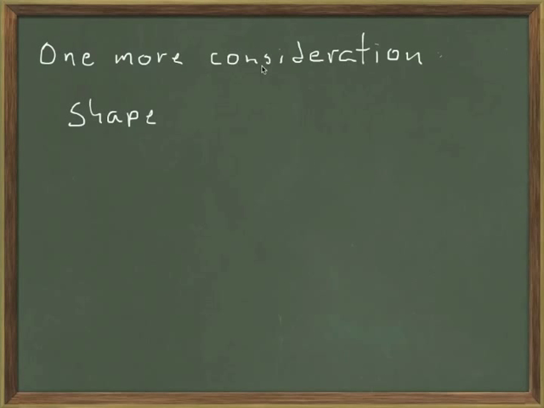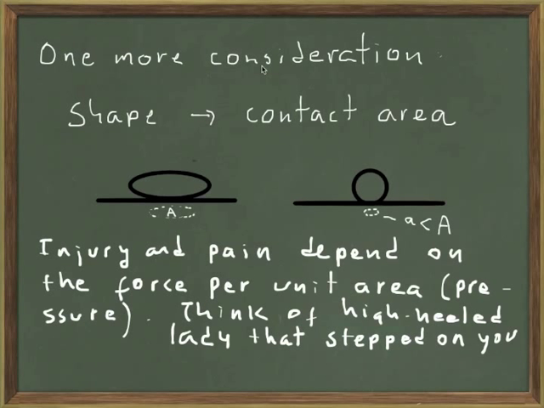The shape of the ball, in terms of how much force and how much pain it inflicts, right? The shape is obviously important. If I make a ball with spikes, that obviously hurts more than a ball without the spikes, just in the same way that a high-heeled person stepping on you hurts a lot more than the same person stepping on you with tennis shoes, right?